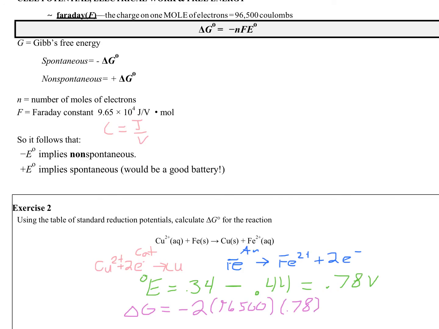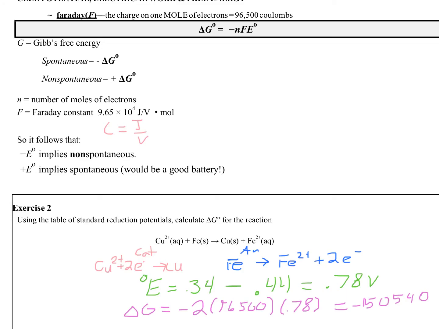When I plug all this into my calculator, I get negative 150,540. Rounding for sig figs, I had 2 sig figs here and 2 sig figs here.